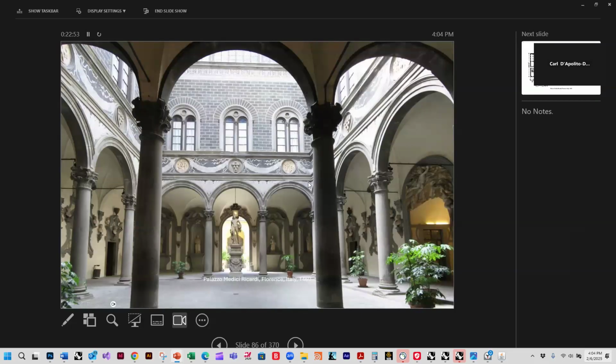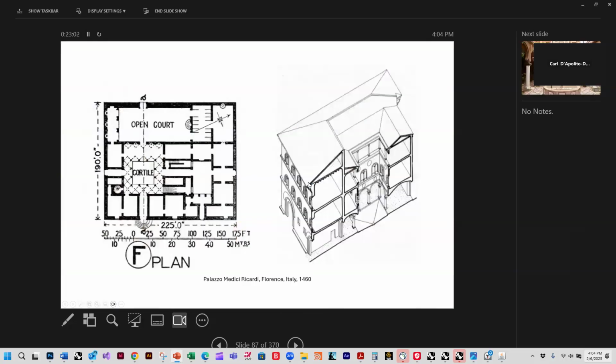And so do the palazzos, the Italian palazzos. They have like two courtyards, and this one and that one can work in dialogue with each other.